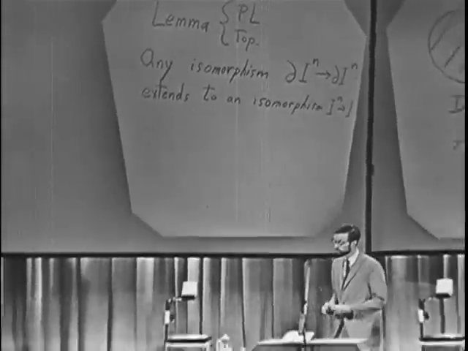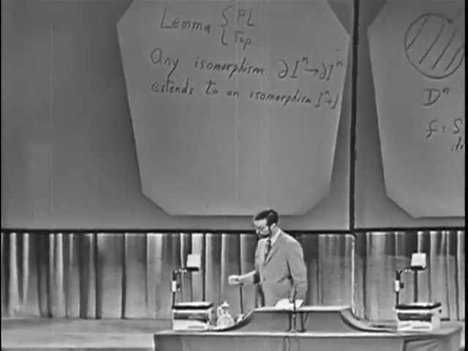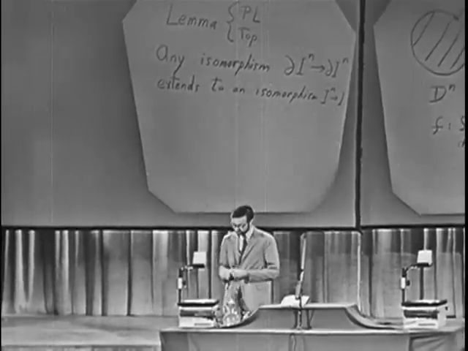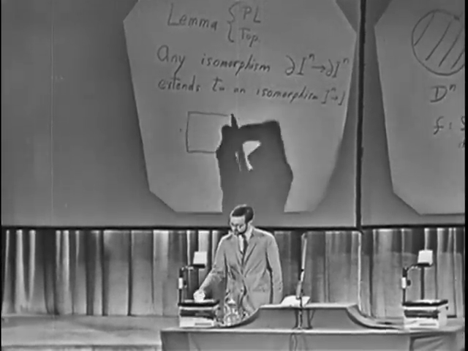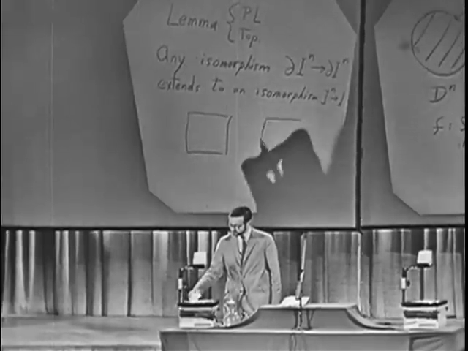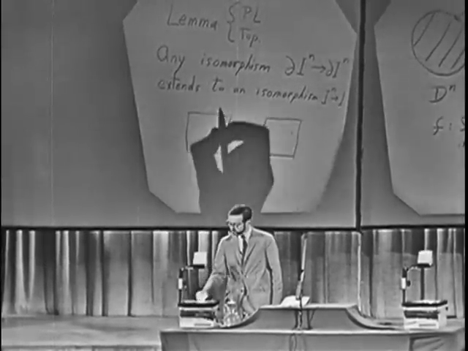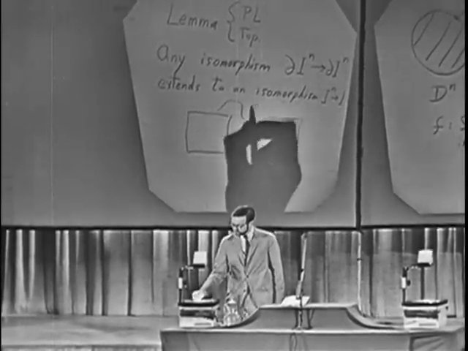And the proof is very easy. We just take the standard cube, I^n here, and another copy of it here. Now if we have a correspondence F between their boundaries, and we want to extend it over the interior, we extend it as follows.